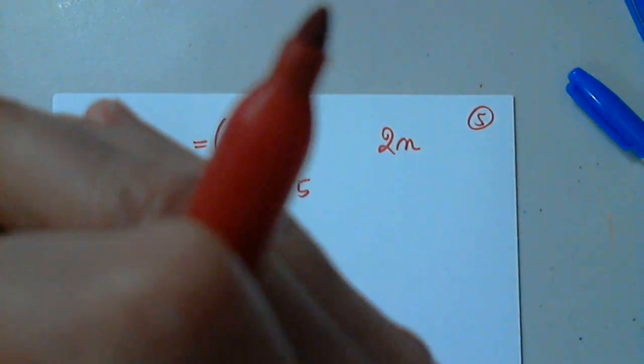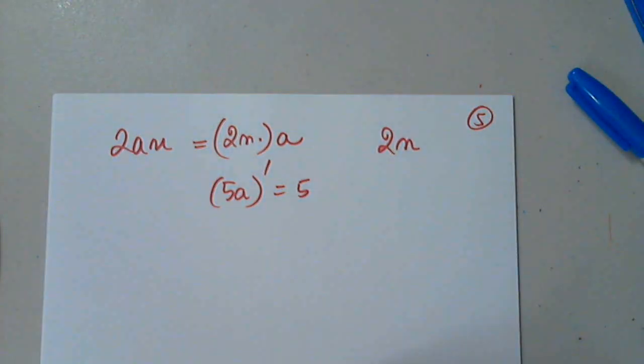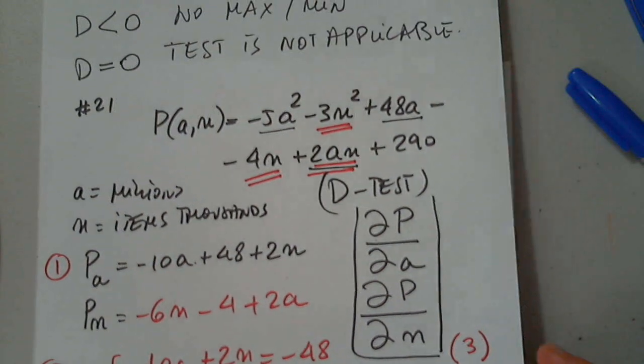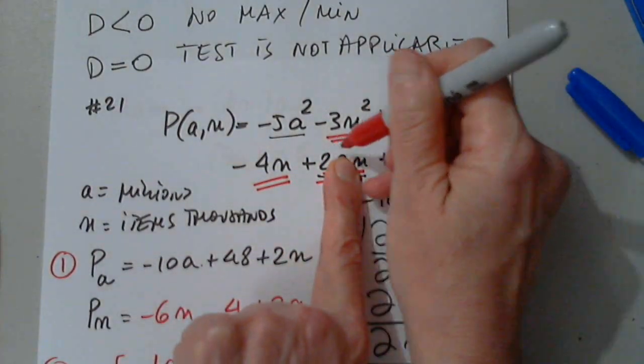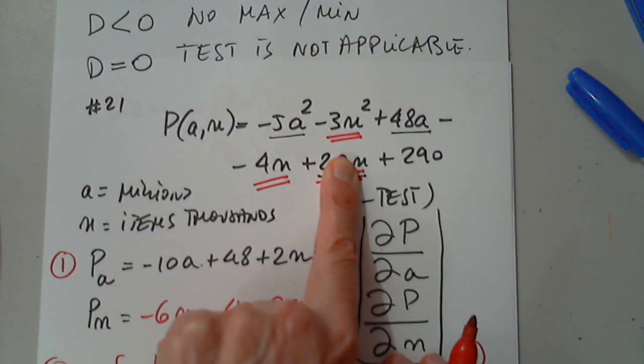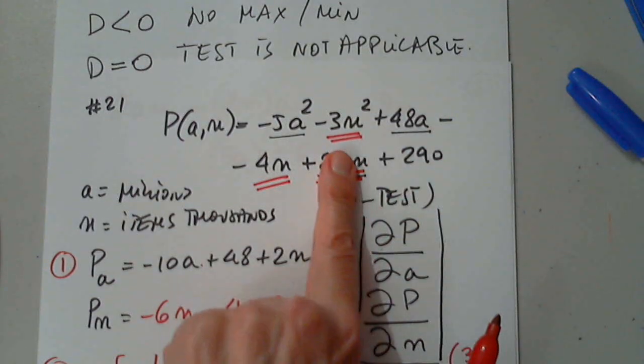Is that better? Okay. So when I differentiate this with respect to a, I am left with 2n. I think it makes sense because a prime is 1.